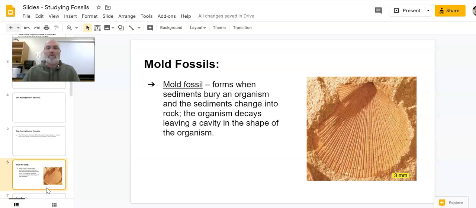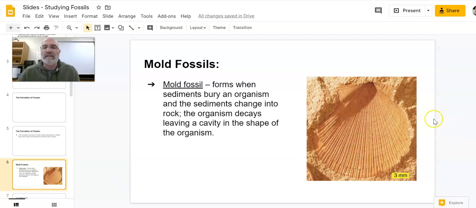Now, what's interesting about the mold fossil is the sediment will bury the dead plant or animal completely, and then that dead plant or animal will decay inside of the sediment. And what's left behind is sort of a cavity or an opening that has the pressed remains of the body of the organism inside of it. Do you get that?